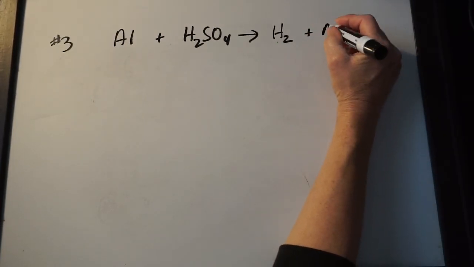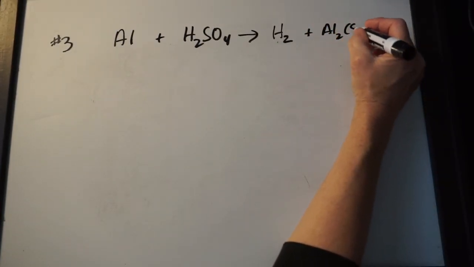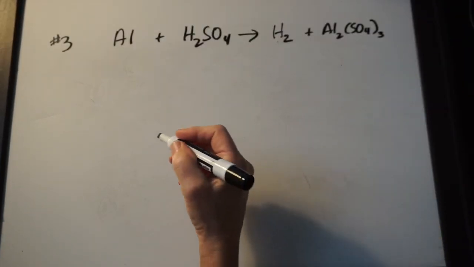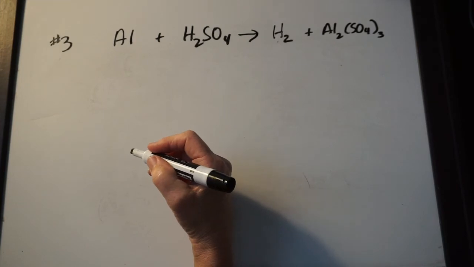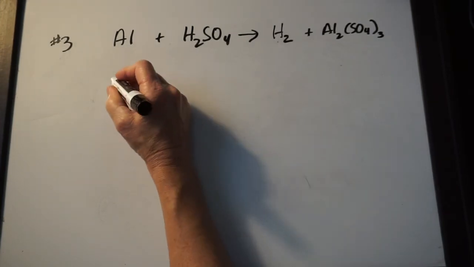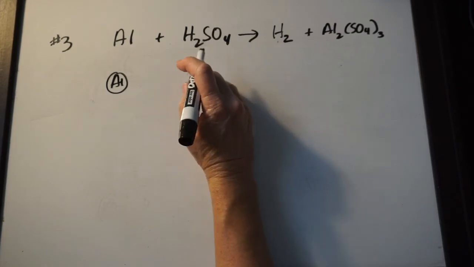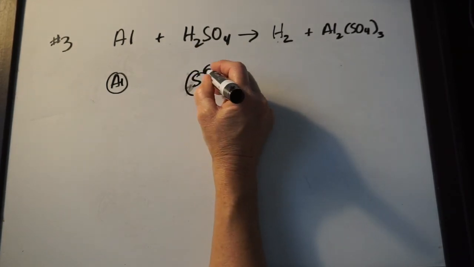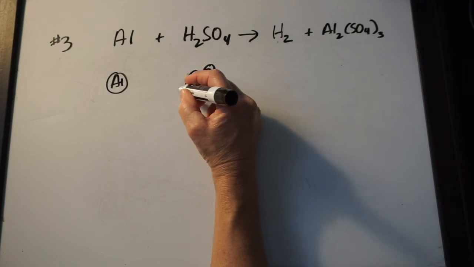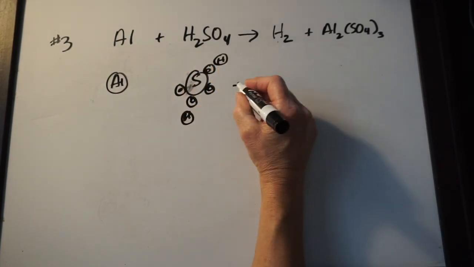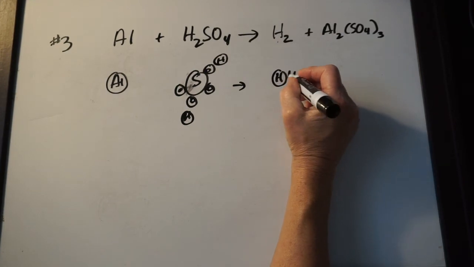plus Al2, and let me just check. I think it's 2. No, it's 3. Okay, so balanced. I'm going to actually go through and quickly draw my particle pictures so that you can see me balance this. Can never balance too much. There's my hydrogen, produces hydrogen gas.